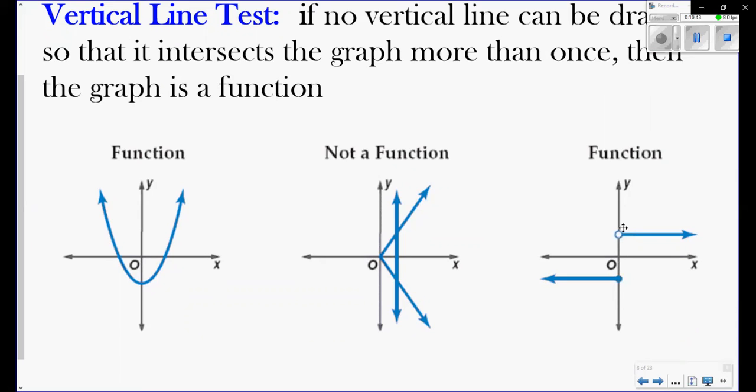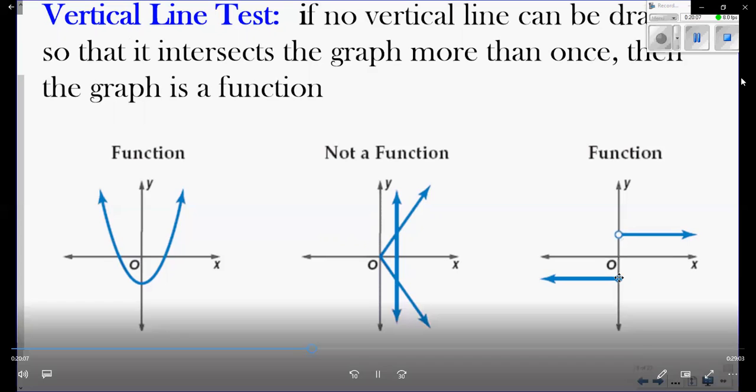If these were both shaded, then this wouldn't be a function. If they're on the same vertical line and only one is shaded, then it is a function.